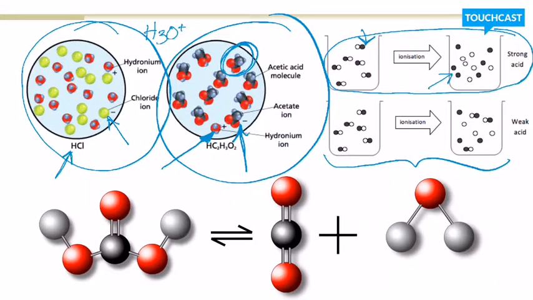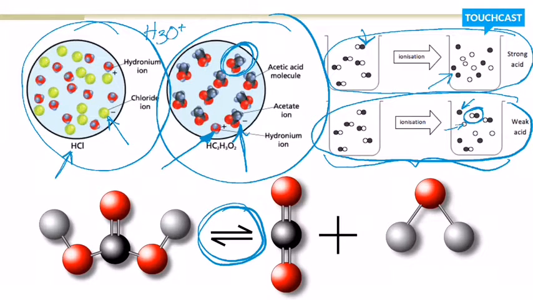And then in the second model down here, this would be your weak acid. So you will still have some ions being produced. You see how they're separated right here? But do you also see how you have some compounds, some of the acid, that didn't actually break apart? This symbol right here represents an equilibrium in which we have some of the ions being produced, but not very many of them.